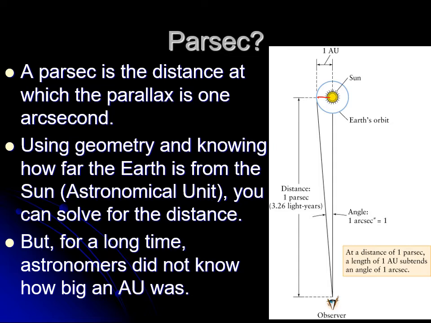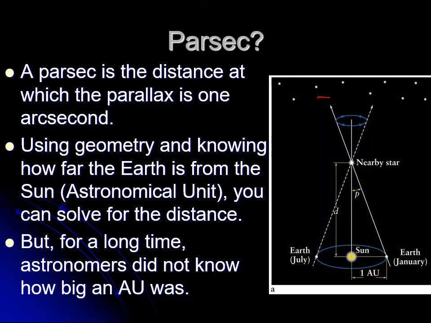And so the problem is measuring distances in space is hard. So it was a very long time before they were able to measure the actual distance from the Earth to the sun. In order to actually get this angle, in order to measure that distance, you need to know what this distance right there is in order to calculate it.